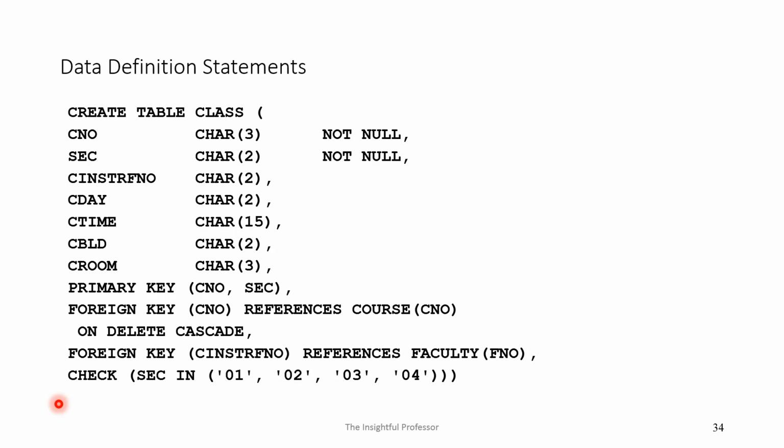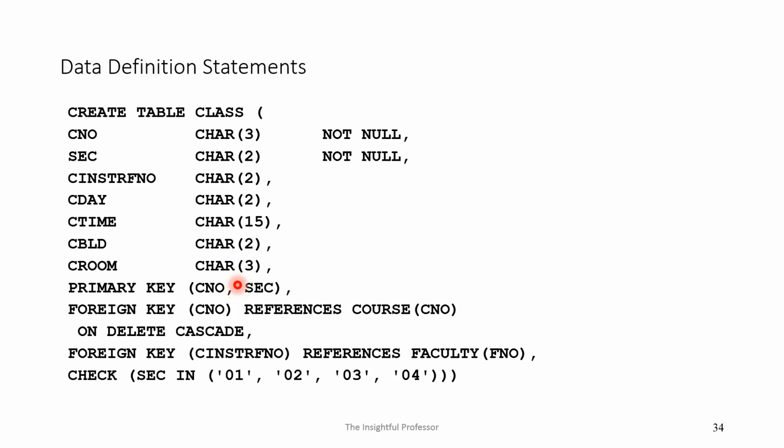The class table. Each row in the class table represents a single scheduled offering of a course. So therefore, there's an association or relationship between course and class. Each course is identified by CNO, as we saw in the course table. Here, CNO is used as part of the primary key.